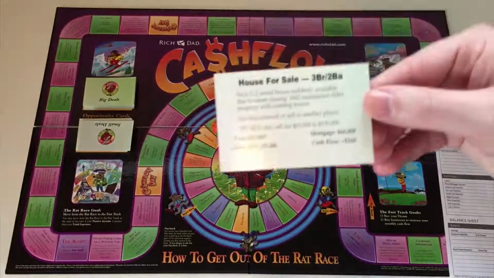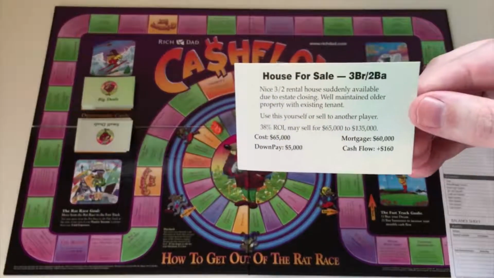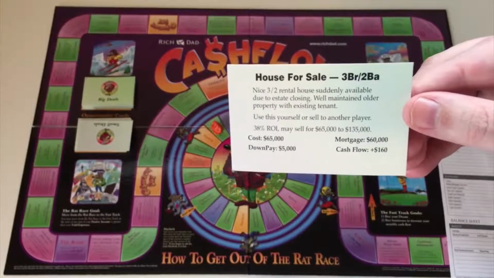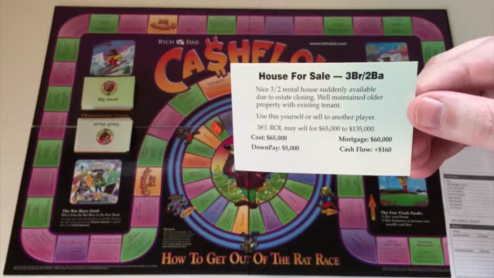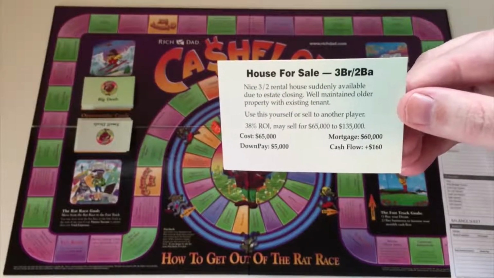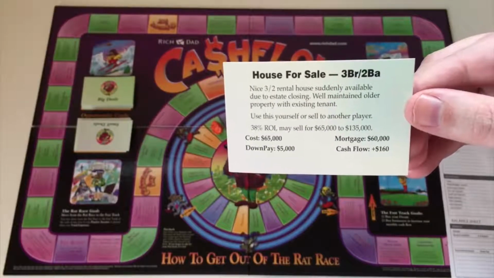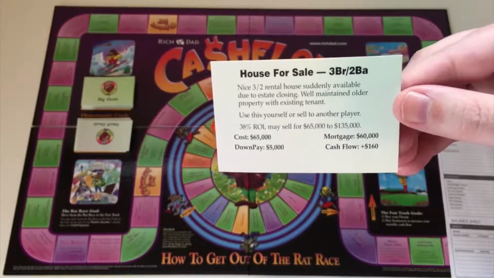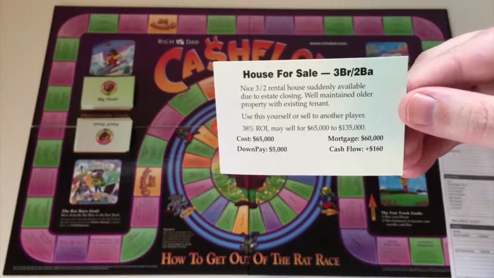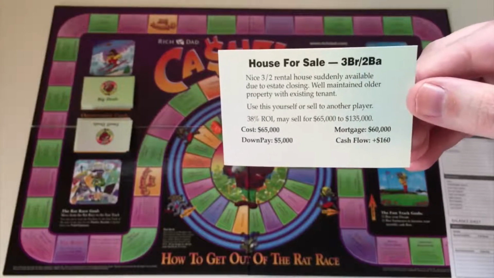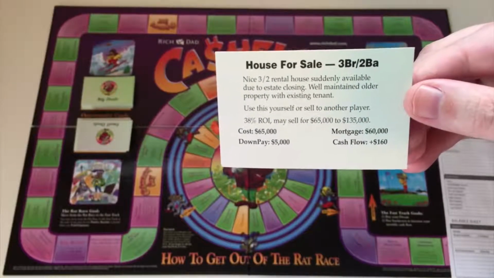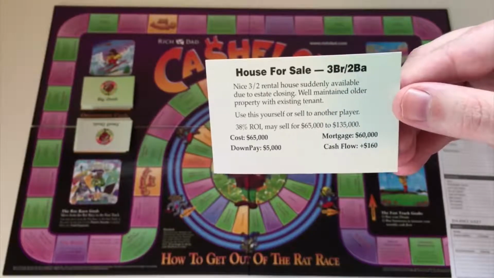So an example is a house for sale. 3-2 rental house suddenly available due to real estate closing, well-maintained older property with existing tenant. Use this card yourself or sell to another player. 38% ROI, it may sell for $65,000 to $135,000. Cost $65,000, down pay $5,000, mortgage $60,000, cash flow $160.